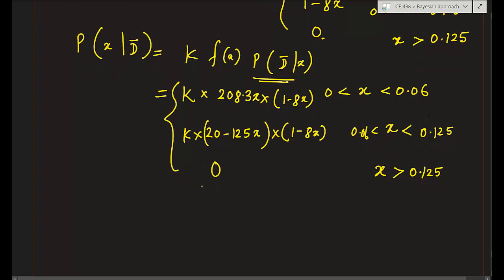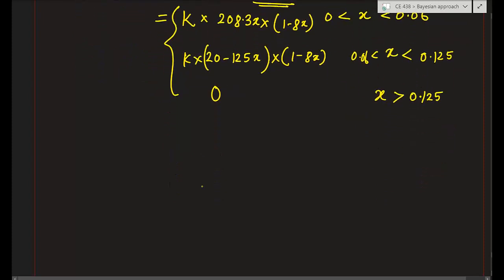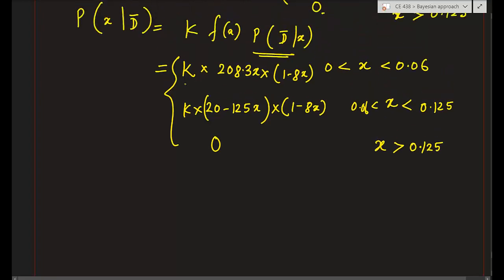So we can basically plot this function also, and we can also calculate the normalization constant k. If you remember, in the previous classes we said how to calculate the normalization constant. Basically this term is nothing but likelihood times prior. So if I sum all the likelihood times prior, and take the inverse of that, that will give me the corresponding k value.